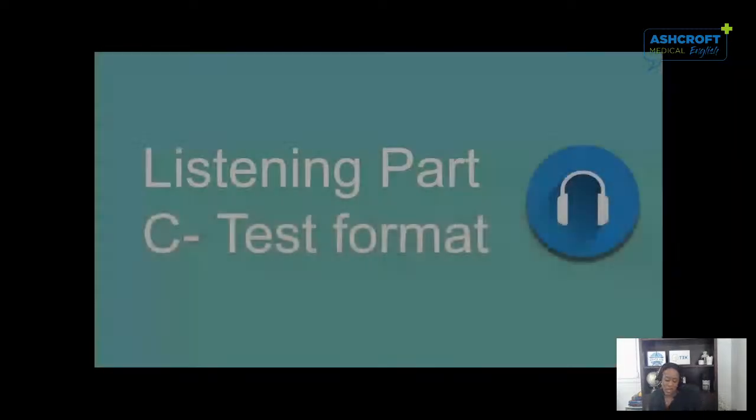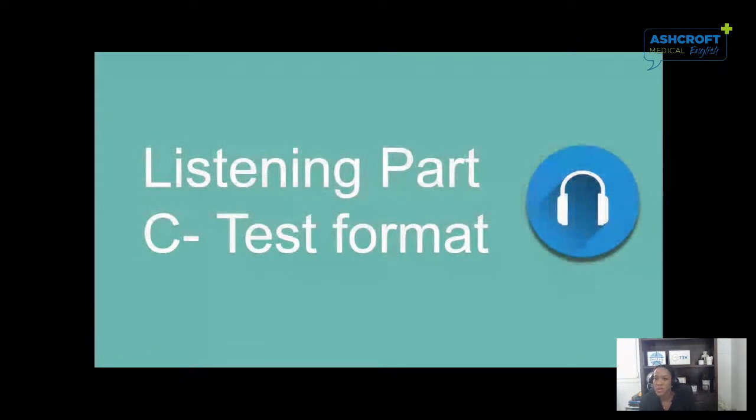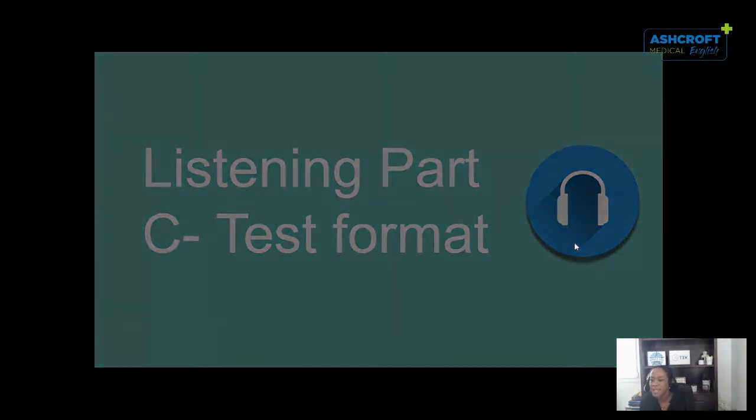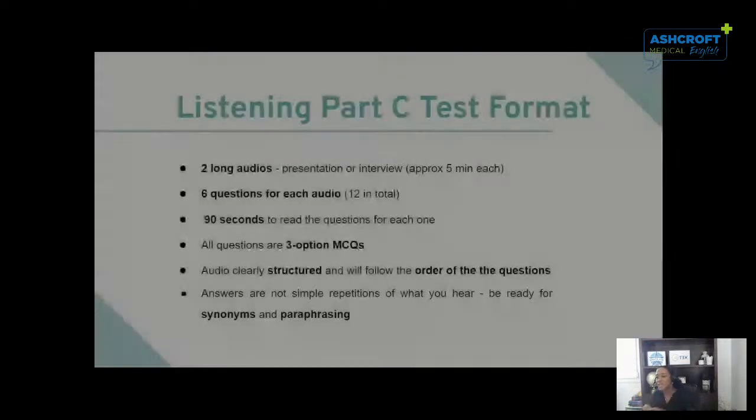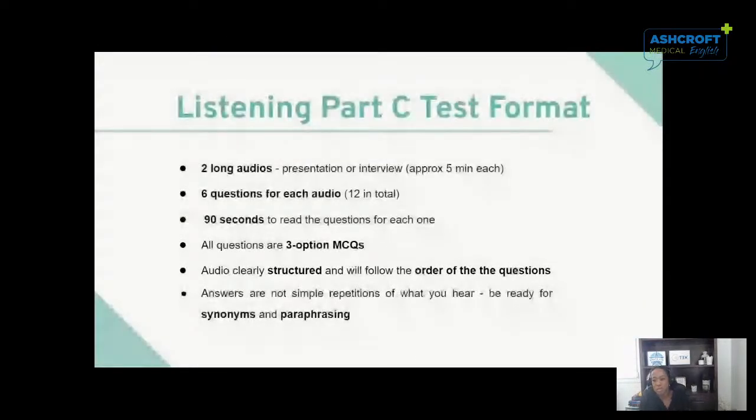Let's take a look at the test format for those of you who perhaps are not familiar with that. You're going to be listening to 2 long audios.